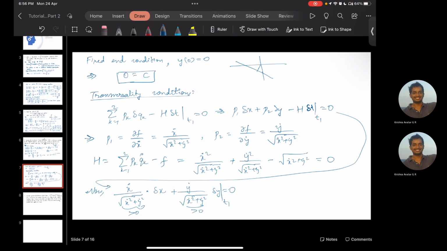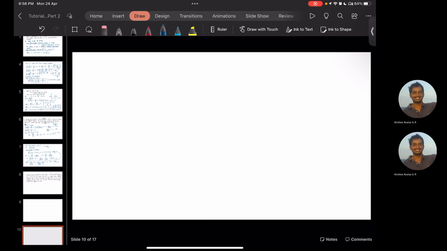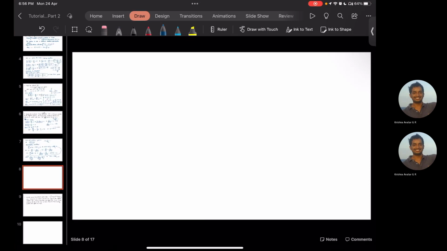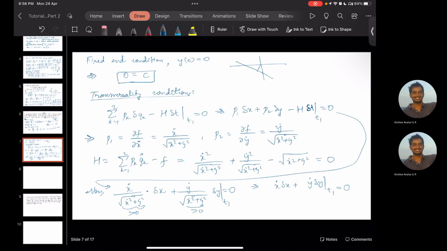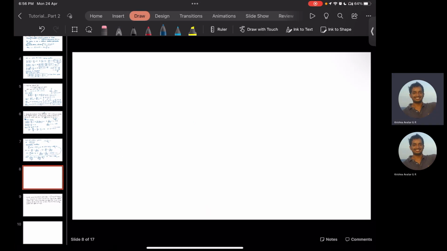Okay. And notice that the denominator on both sides is always greater than 0, and this has to be the case, is it not? Which means that we are left with del x plus y dot del y at T1 is equal to 0. So let's do one thing. We know that we have a constraint.